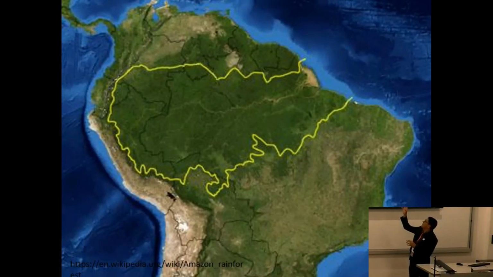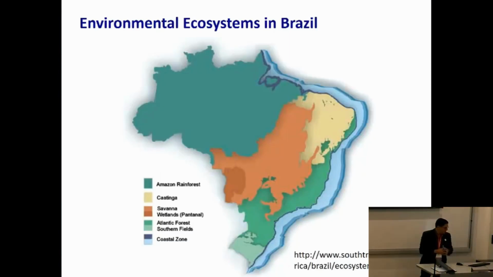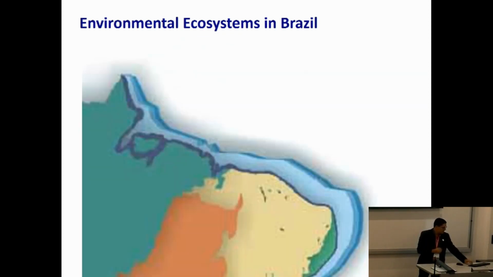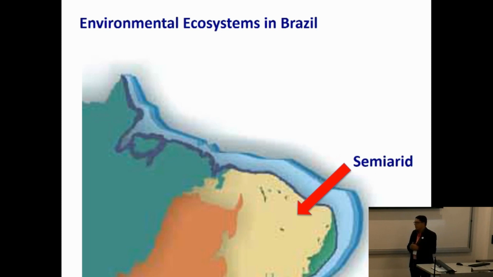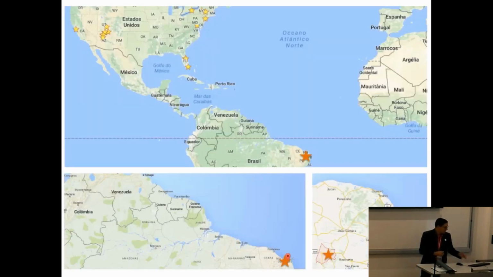Here we have the area of the rainforest, but we also have other ecosystems. And in this yellow area, it's called semi-arid. We don't have a lot of rain in this area. And here we have our maps to locate our location in Brazil and South America.